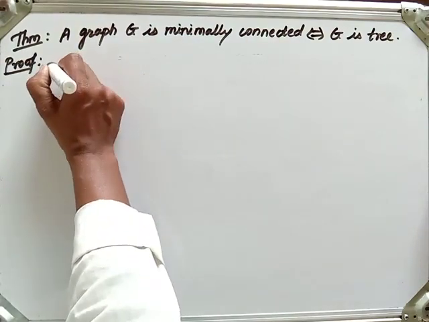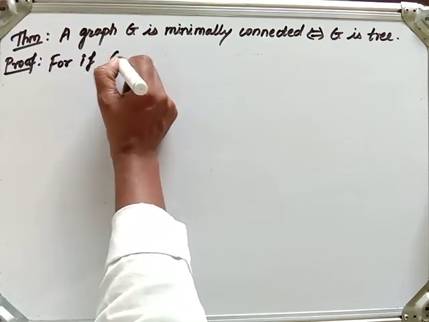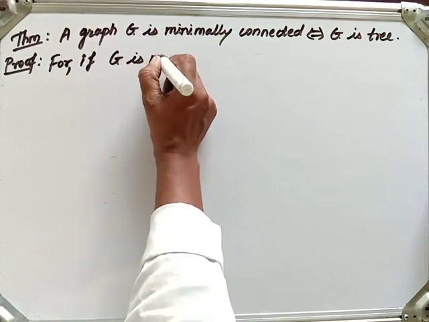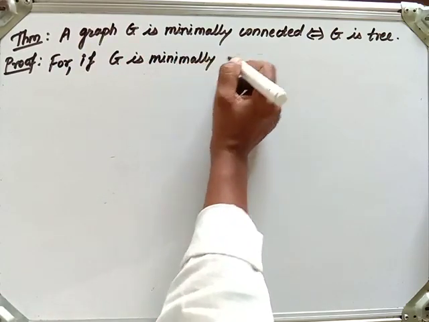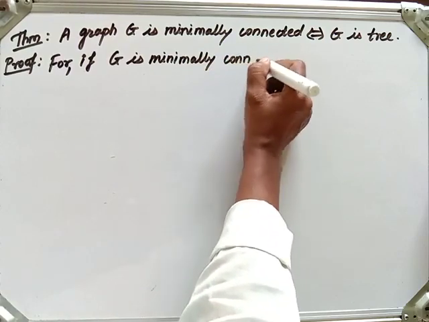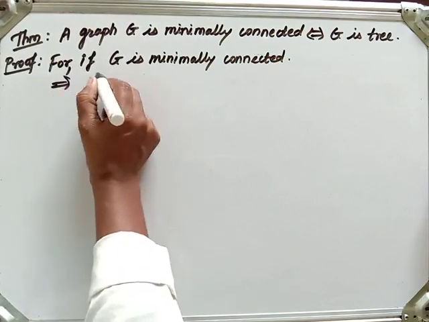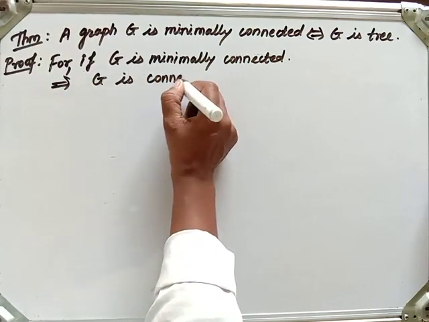So for the if part, we will assume G is minimally connected. G is minimally connected, so G is connected.